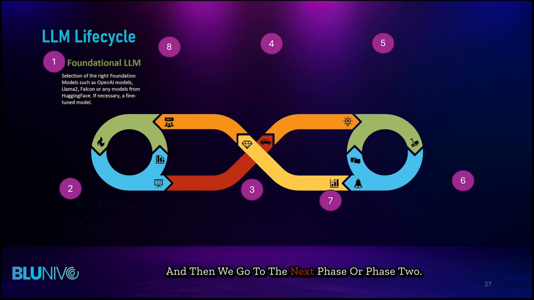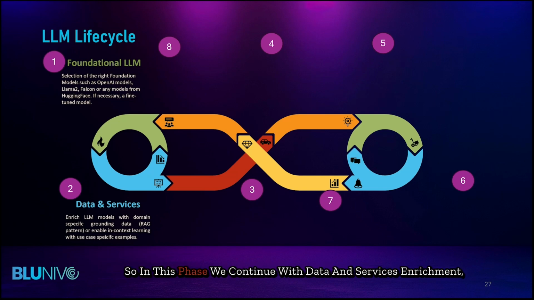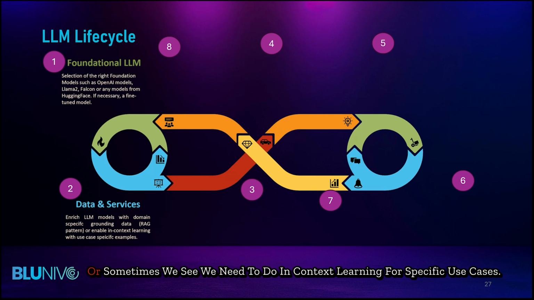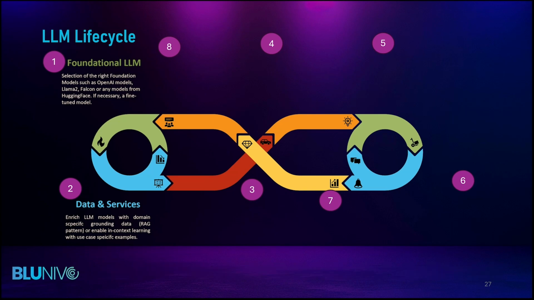And then we go to the next phase, or phase 2. So in this phase, we continue with data and services enrichment, where LLMs are being enhanced with domain-specific grounding data, or sometimes we need to do in-context learning for specific use cases.